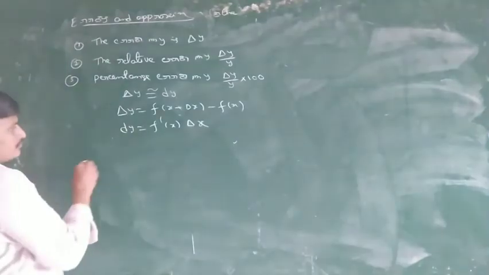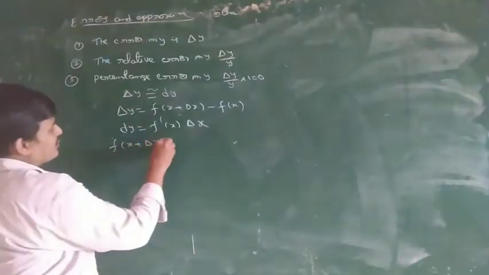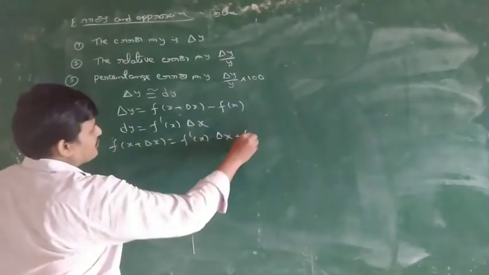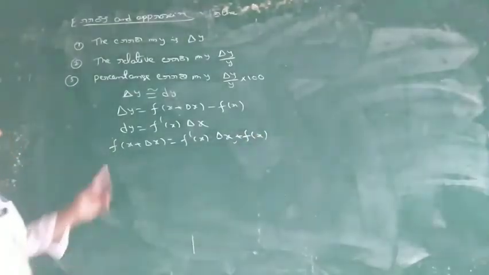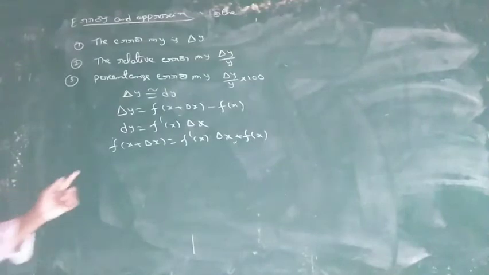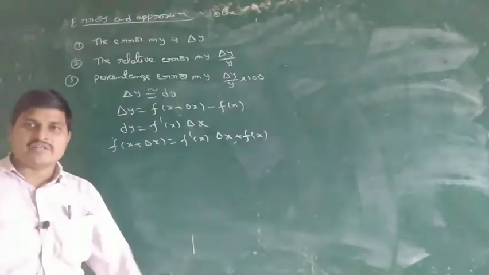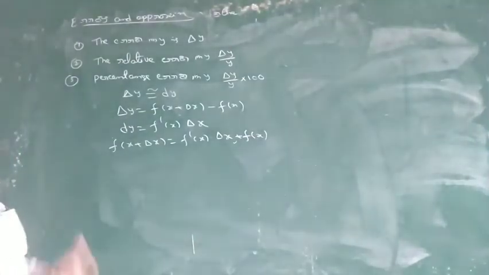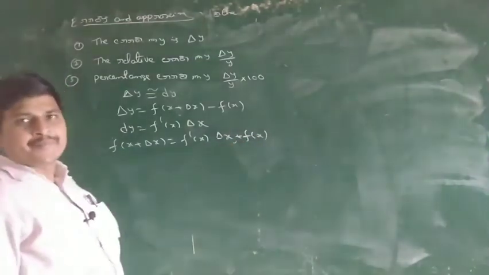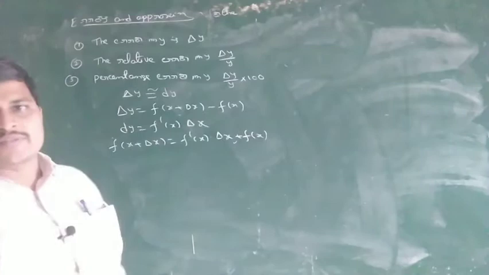So f of x plus delta x is equal to f dash of x into delta x plus f of x. This formula, we apply to find the approximate value of the given function. So this is the main formula of errors and approximations.